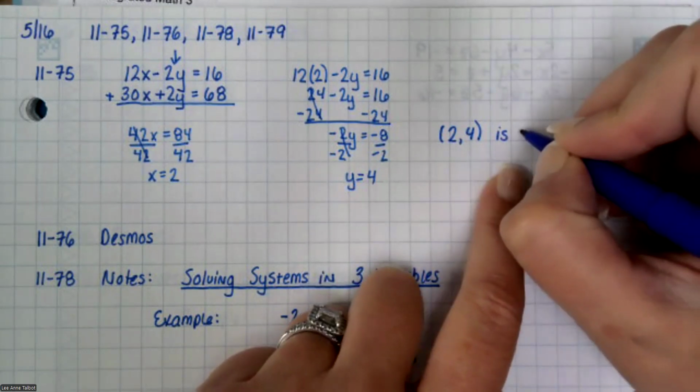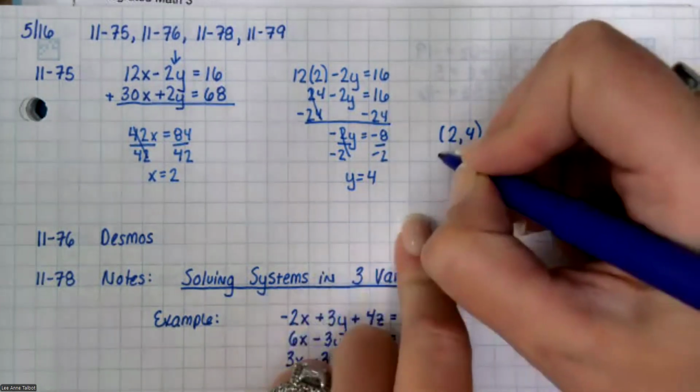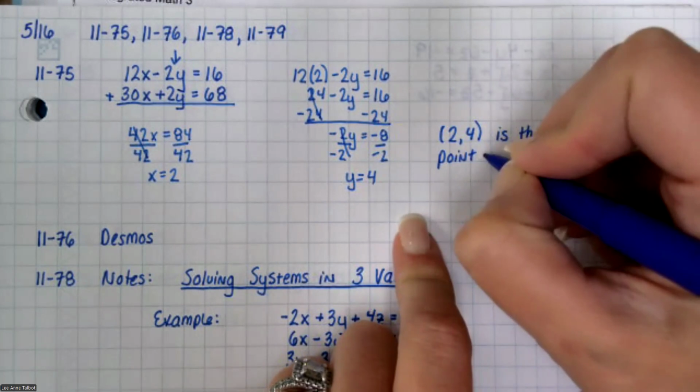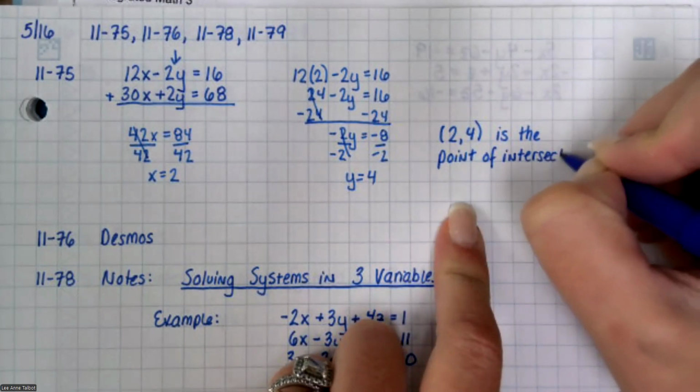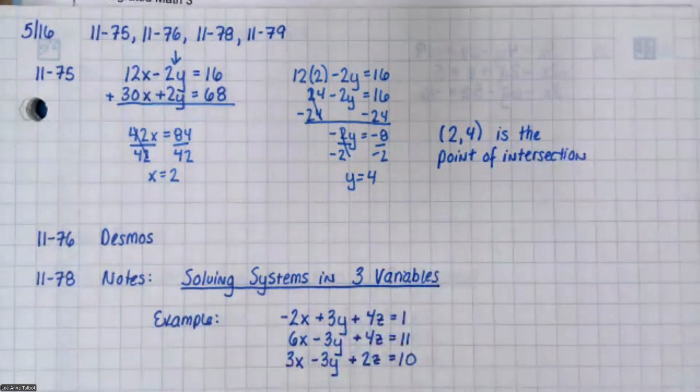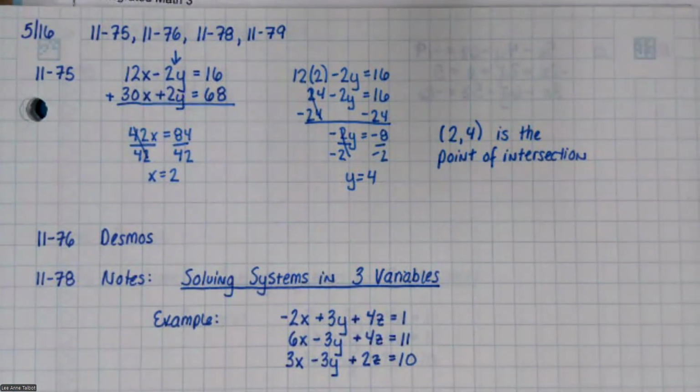And then just for a reminder, that is what we're doing. What we found was the point of intersection between those 2 without graphing. In Math 1, you start by graphing the 2 lines and finding the point of intersection.